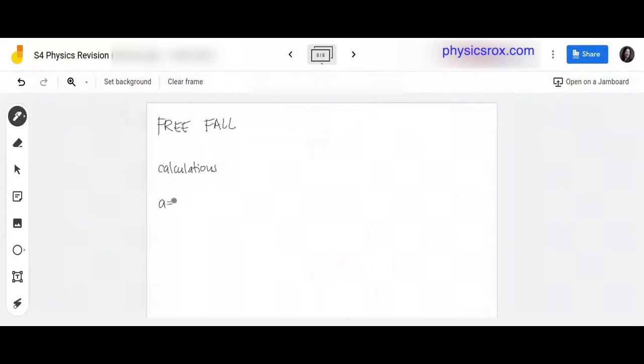The same formula, a equals v minus u over t, v squared equals u squared plus 2as, s equals ut plus half at squared. You use the same formula. So remember, I told you just now, must memorize the formula or not? Yes or no? No, yeah. So no need. So don't waste your brain space.